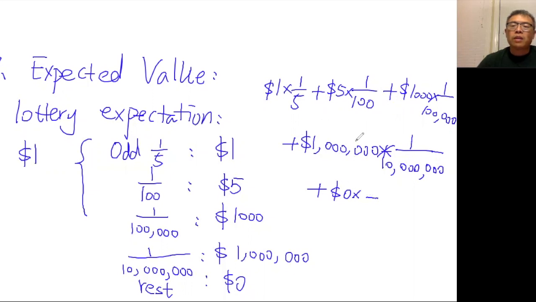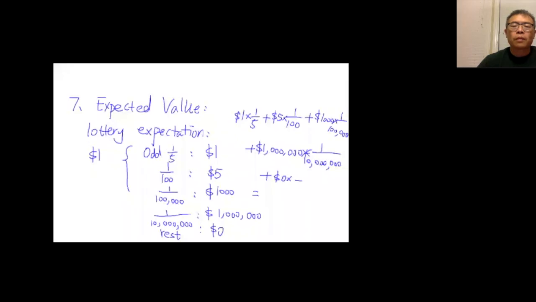So this gives you the expected return of a single ticket purchase. Now you can do this calculation, and I'll just give you the answer: your return is going to be 0.36.